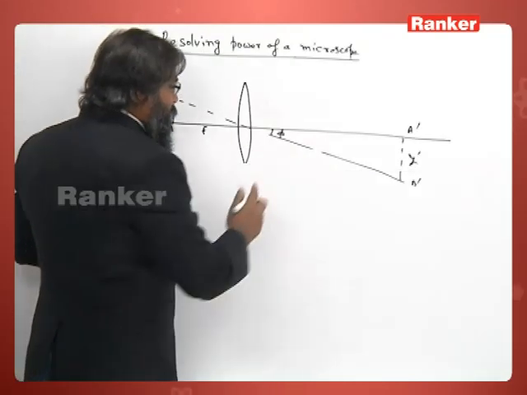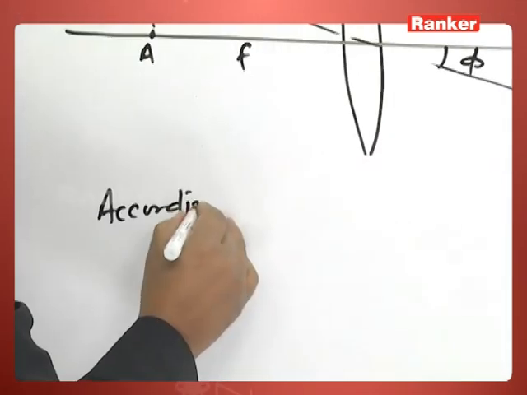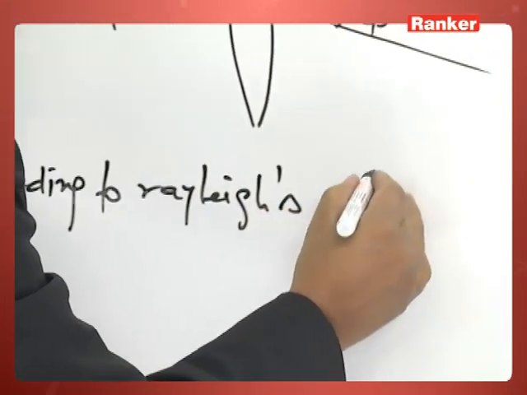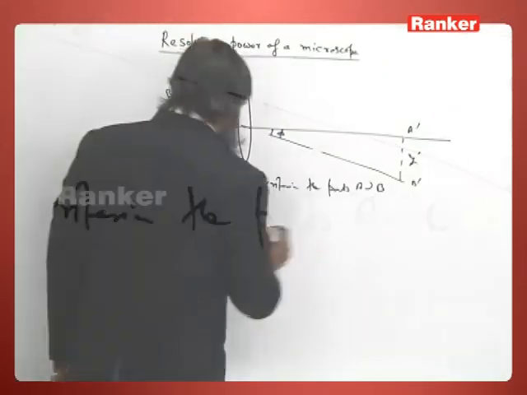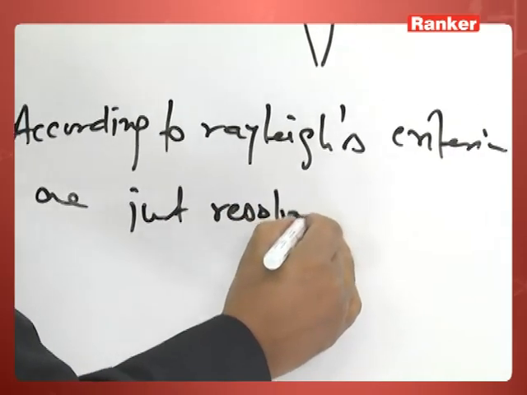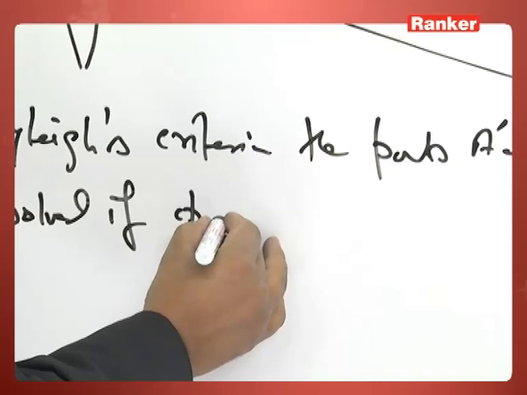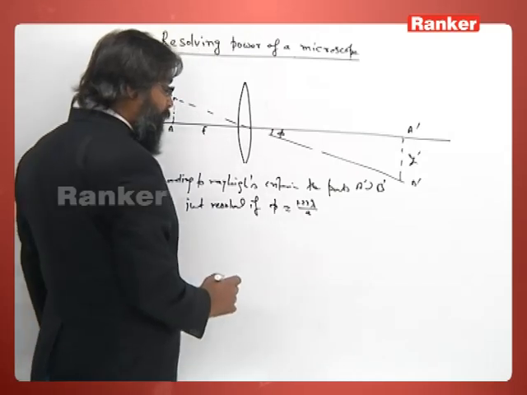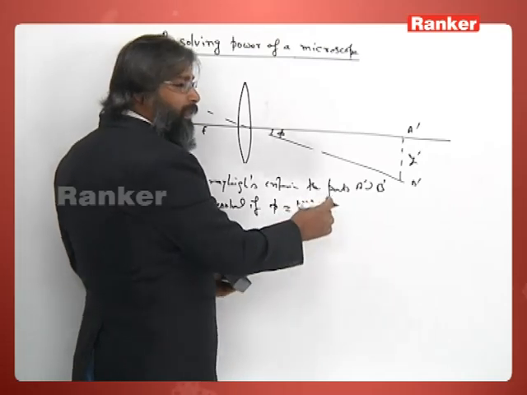Now this angle is phi according to Rayleigh's criteria. According to Rayleigh's criteria, the points A dash and B dash are just resolved if phi is equal to 1.22 lambda by A. Since these angles are so small, sine of theta is theta.